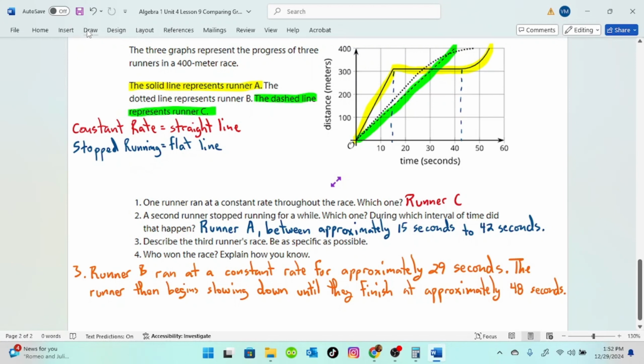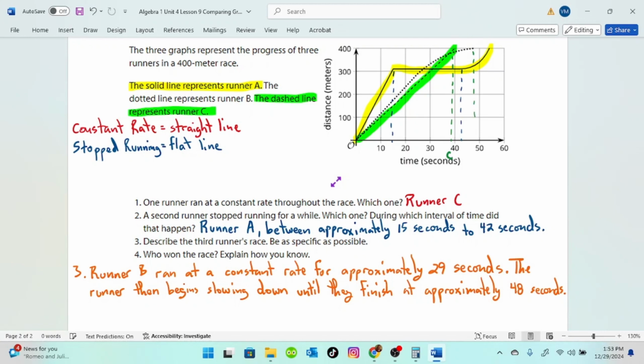And then number 4, who won the race? Explain how you know. Well, the winner is going to be the runner whose line finishes furthest to the left, because they will take the least amount of time. So if we are comparing that, we have runner C at about 39 seconds.